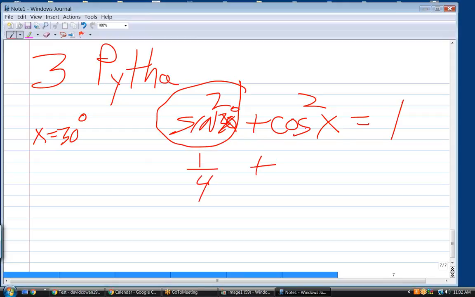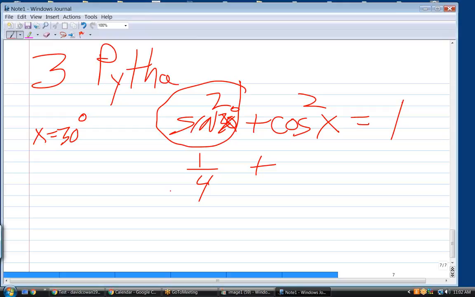What's the cosine of 30 degrees? 3 pi over 2. No, there's no pi in any of these. These all come from those 2 special triangles. And remember one thing: trig is always about ratios.